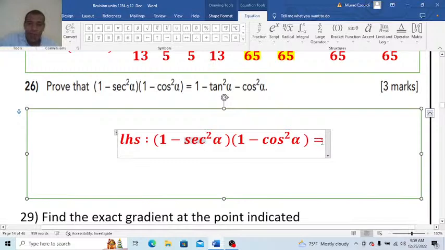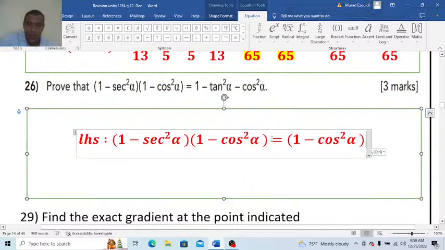Okay, now learners, this is the identity of trigonometric function that is written on the left hand side. I will try to prove the left hand side equal the right hand side. Okay, we are going to prove that. Therefore, you can write sec square as 1 over cosine square. So this one is equal to, I'll just copy, 1 minus sec square.